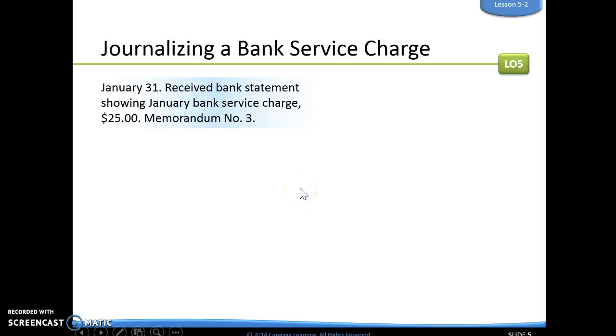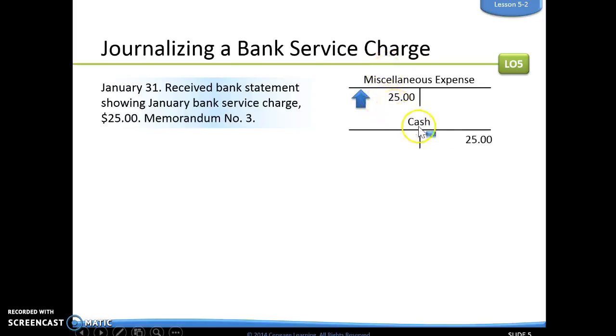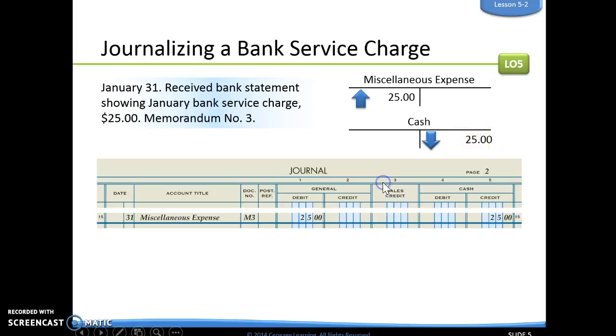Remember, we use a memorandum if we don't have an actual physical evidence sheet. Since we don't have an account for a bank service charge, this is an example of when we're going to use a miscellaneous expense. So we're going to increase our miscellaneous expense with a debit of $25, and then we're going to decrease our cash, because we're losing cash, with a credit of $25.